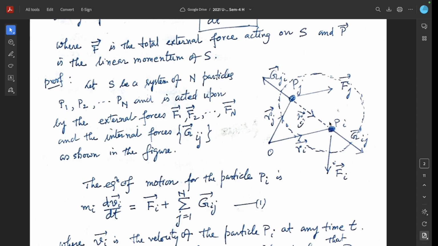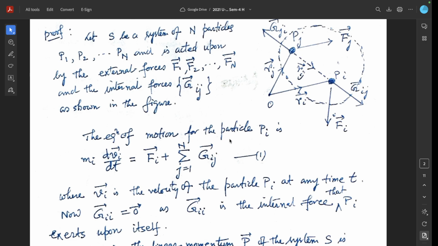On the particle Pi, this Gij is the internal force due to particle Pj. Similarly, Gji is the internal force on the particle Pj due to particle Pi.